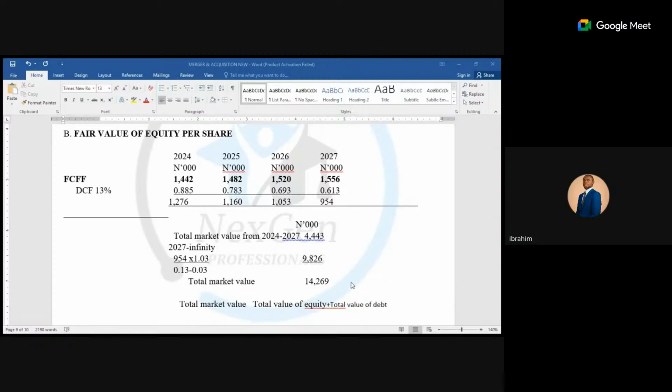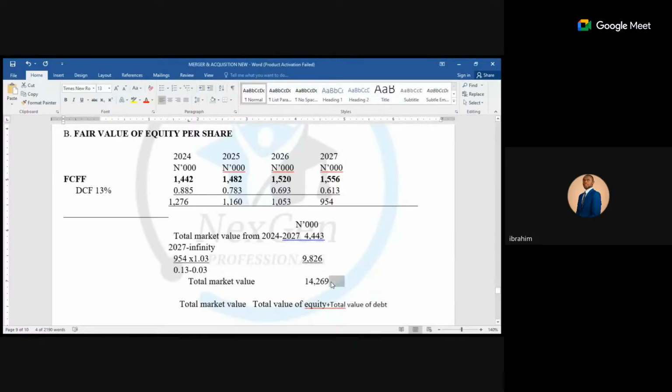Because this total market value of the company includes both the market value of equity and debt. So we have to subtract the market value of debt from the total market value of the company, so that we now have the total market value of equity. Then you cannot divide it by the number of shares yet. Why? Because you use WACC to discount. WACC includes equity and debt.